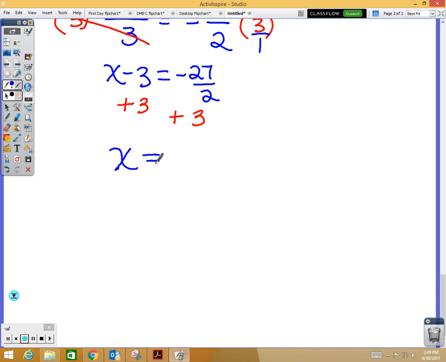So some of you change this to negative 13.5. That's not a bad idea. Because some of you can go ahead and think negative 13 and a half plus 3.